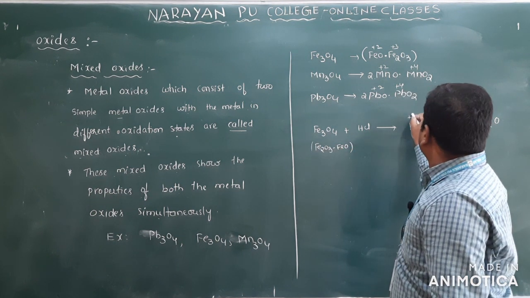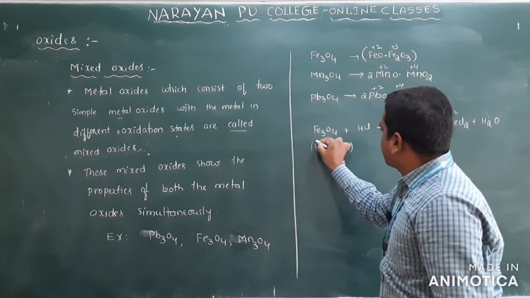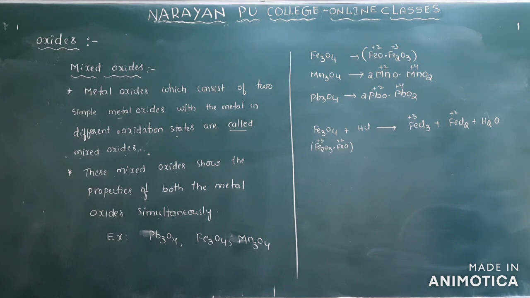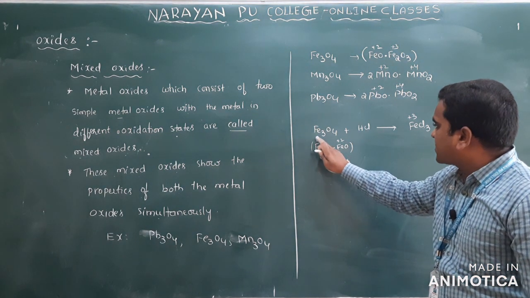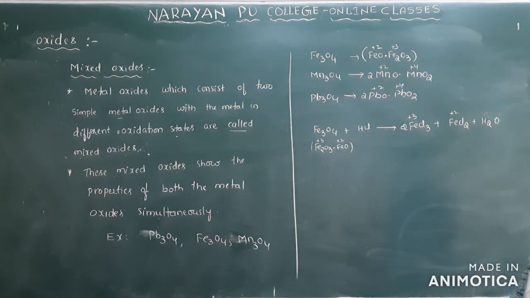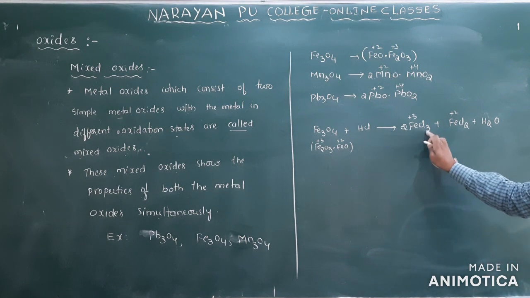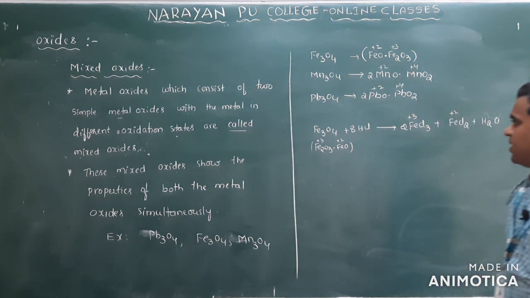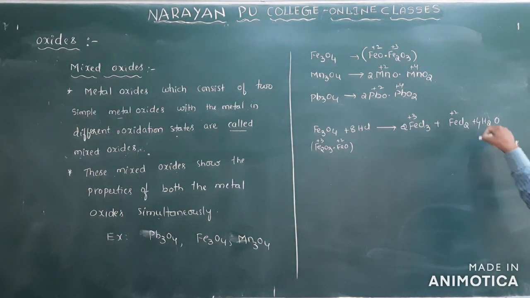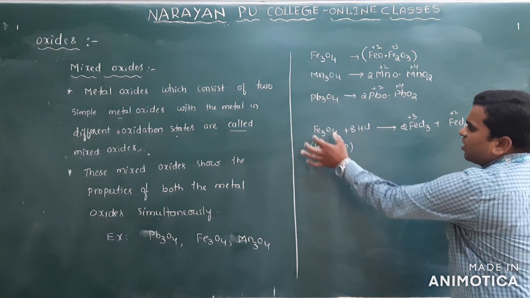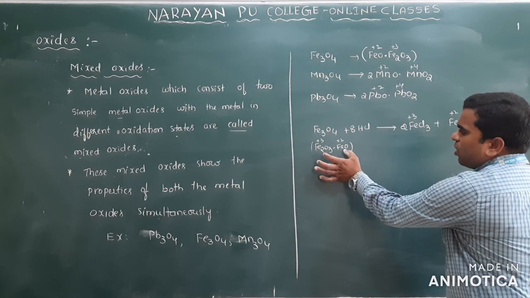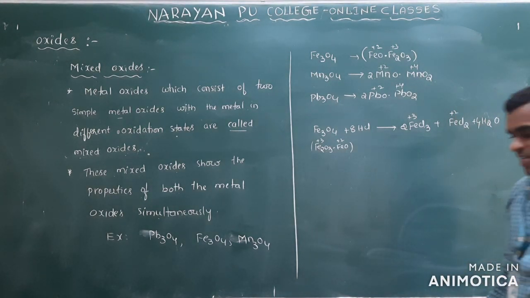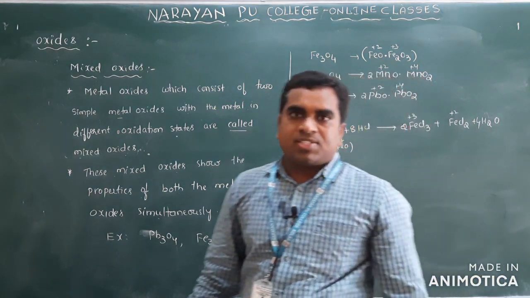This is +3 oxidation state and this is +2 oxidation state. Here there are 2 iron atoms in +3, so multiply this with 2. How many chlorine atoms? 2 into 3, 6, and 6 plus 2, 8. So put 8 here. Then how many hydrogens? 4. So that's why this mixed oxide shows both the properties of simple oxides simultaneously. So this is about mixed oxides.